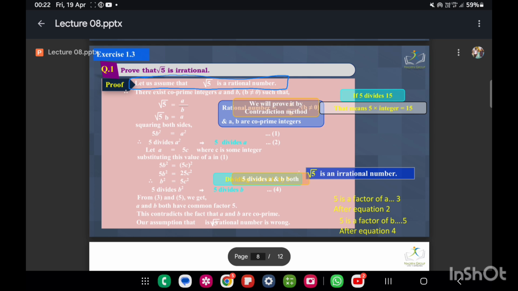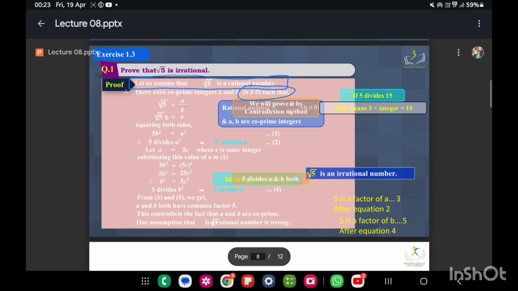We assume that root 5 is a rational number, and that there exist co-prime integers a and b, where b is not equal to 0. It means root 5 will be expressed with co-prime integers like a and b, or p and q, whatever letters you take. a and b is the easiest one. Instead of a and b we can take p and q also.